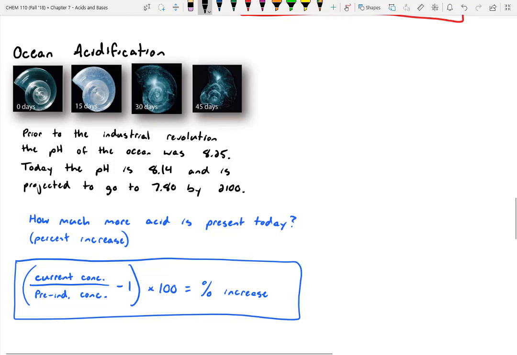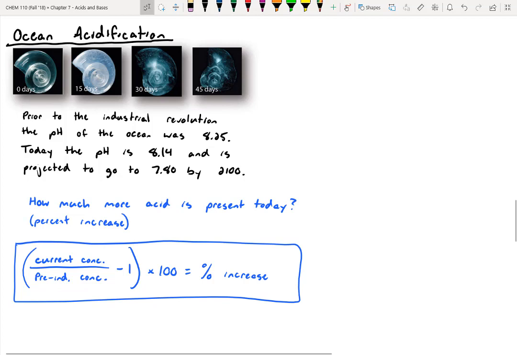One of the troubling aspects of ocean acidification is when our oceans become more acidic, it actually will start eating away the shells of a lot of small sea animals because their shells are made of carbonates, which are bases, right? So over time, those shells essentially disintegrate, those little embryos die, and then there's nothing to eat for the larger animals that rely on them as a food source.